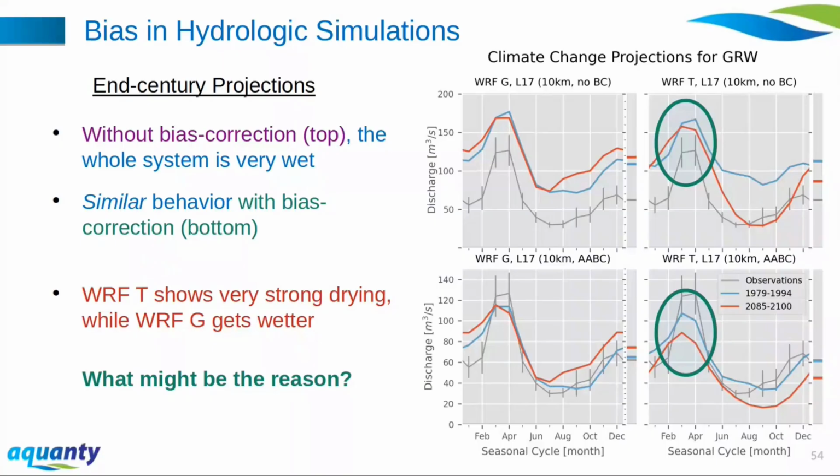So in this case, the decrease in runoff in spring is actually because the system dries out a lot over winter and fall in this end century scenario. And so a lot of the runoff in spring already melts in winter because it's warmer, and then it just recharges the groundwater rather than forming runoff.